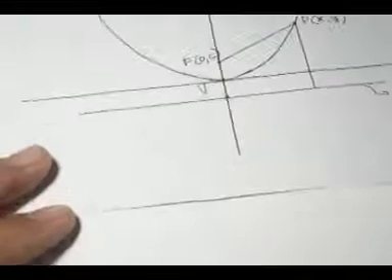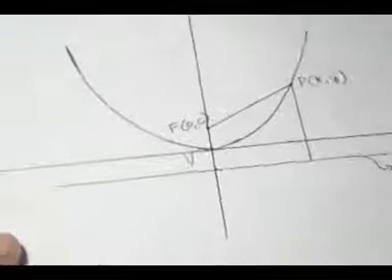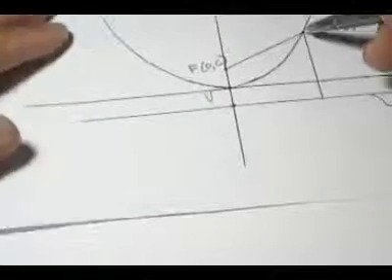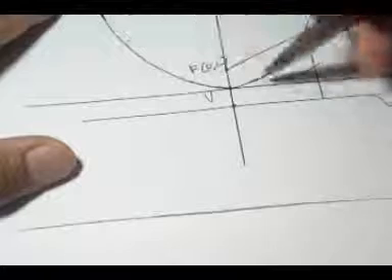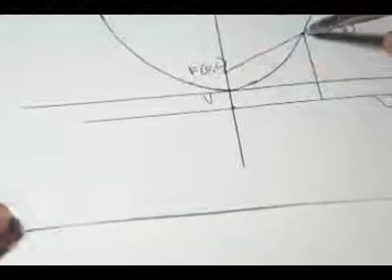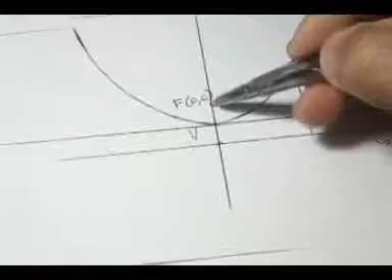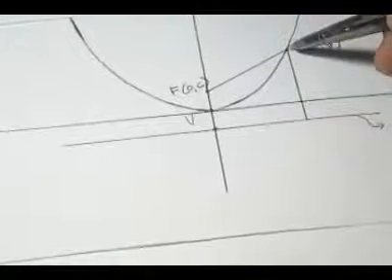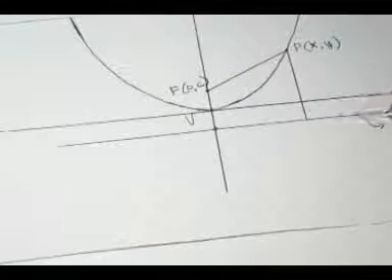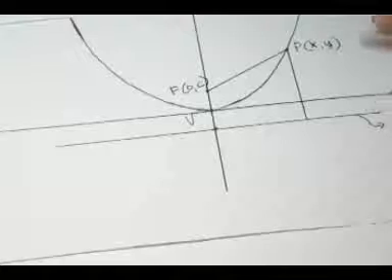Okay, so according to the definition, this point moves along the graph in such a way that this distance P to F is the same distance from P to this horizontal line called the directrix.